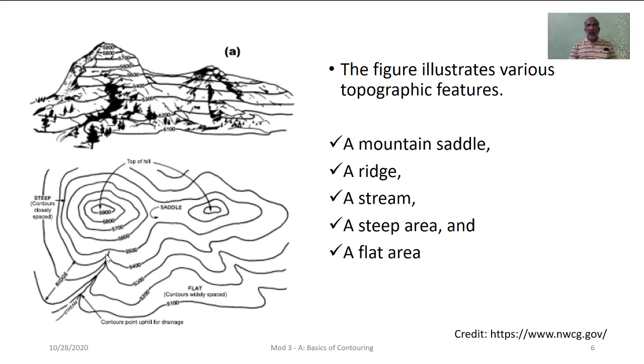Here this innermost V-shaped value is more as compared to the outermost value. Hence, we can easily identify that this particular contour is showing a streamline, drainage line, or valley line. If the features are showing very sharp and closely placed lines, we can think of it even as a canal.